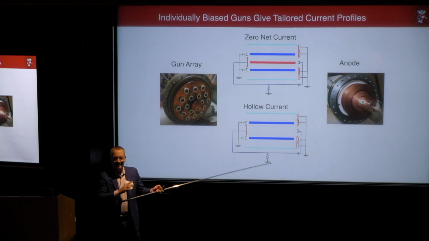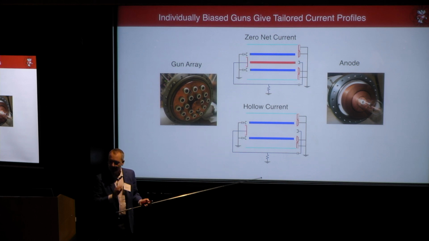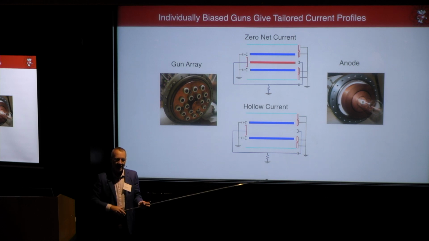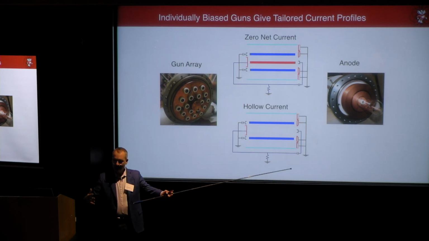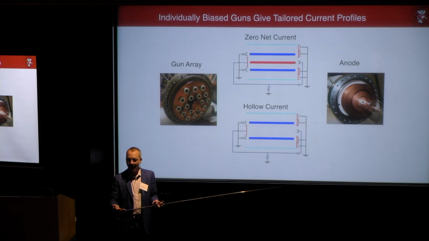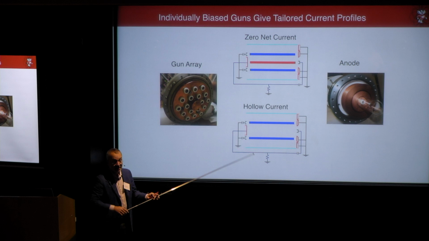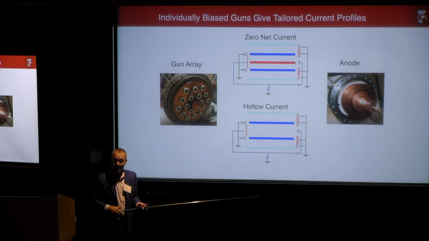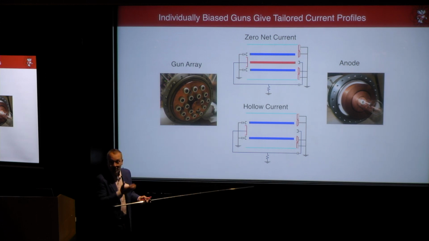The motivation for the original experiment was to inject current one way up the middle, return current on the outside, create a coax of current without any net current, and study the stability of that. That's different than something like a tokamak, where you drive current all in one direction with an electric field which you can only control from the boundary. So this was the only way we could get at that experiment. That's the special feature of this device.